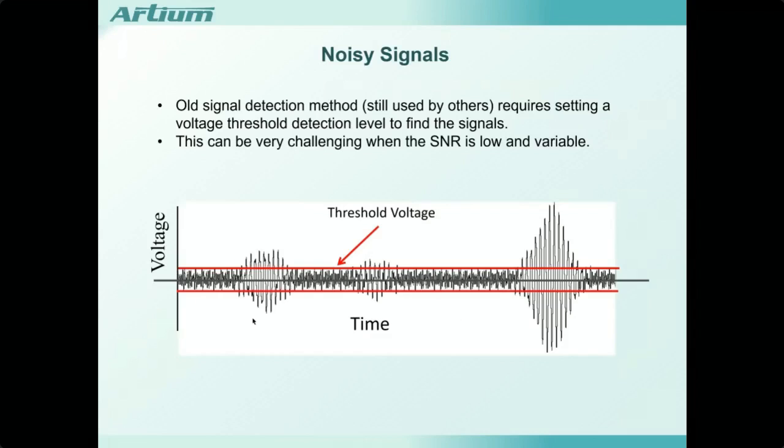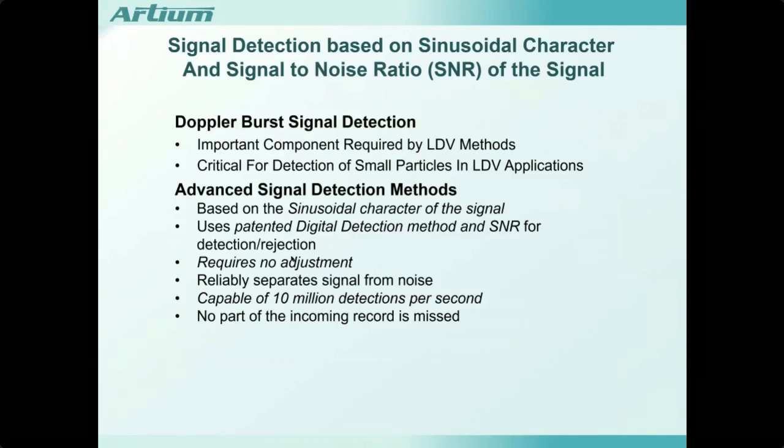But when there's a signal there, the Doppler part of the signal is superimposed on the noise, and hopefully the strength of the signal is enough to show the sinusoidal nature, and that is what our electronics engineer developed electronics to sample and detect. The fortunate part of that method, and we currently use it, is it requires no adjustment.